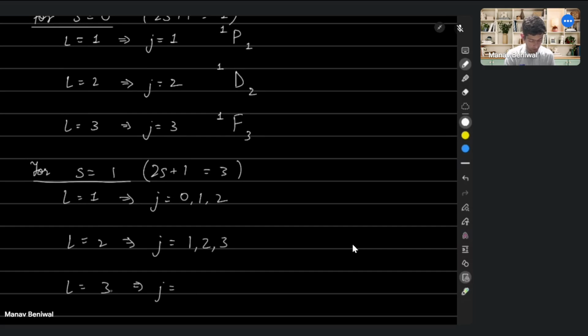Similarly, for L equals 3, it will be 3 minus 1, 2, then 3, and then 3 plus 1 is 4. So all these terms.